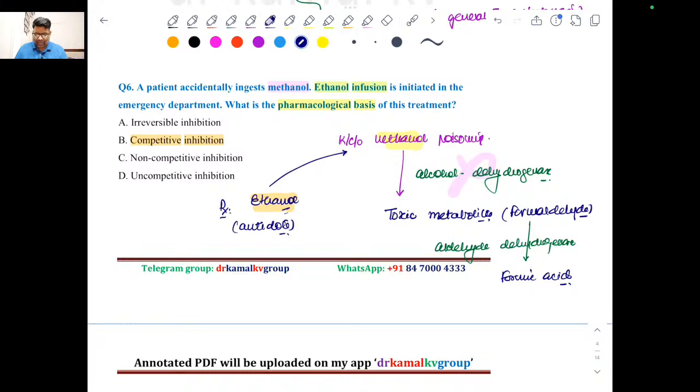So when ethanol competes with methanol, obviously less methanol will be converted into toxic metabolites, and therefore the toxic effects will also get reduced. So that is how ethanol, or sometimes fomepizole, can also be used, but classically we discuss always ethanol. So that's the reason. So competitive inhibition.